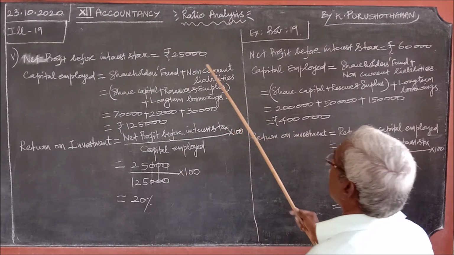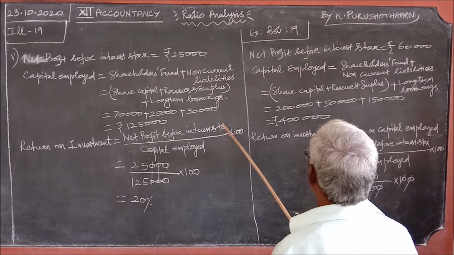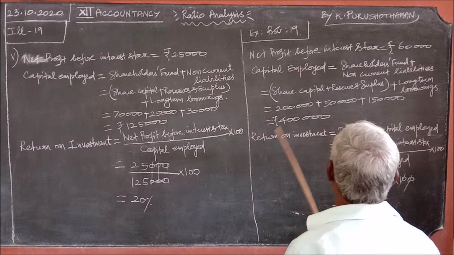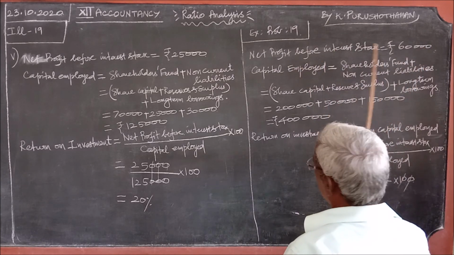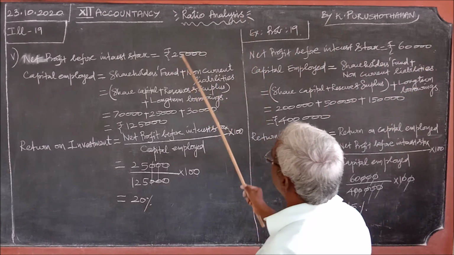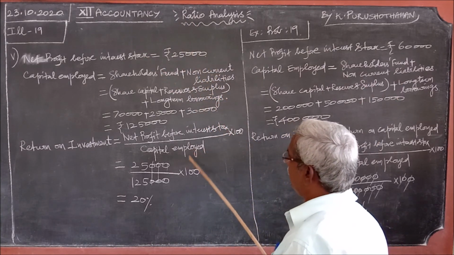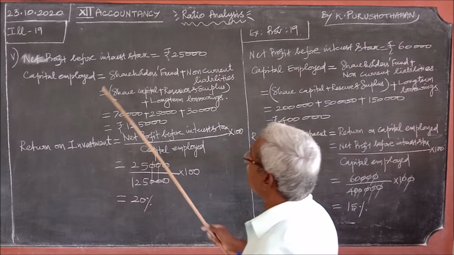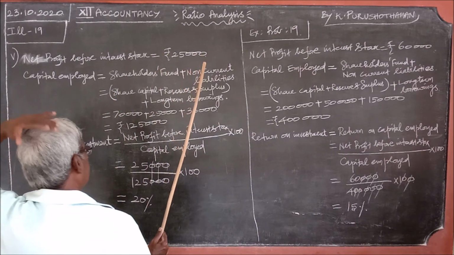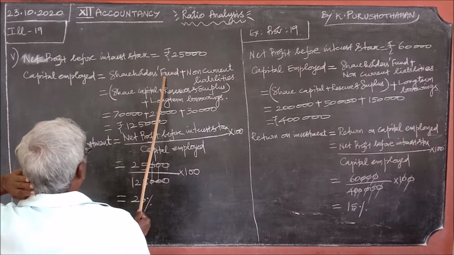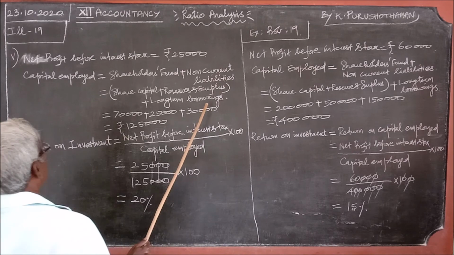In the illustration and the exercise problem, the numerator is given straight away: 60,000 in this problem, and 25,000 in the illustration. So our task is to find the value of the denominator. What is the capital employed? We have already seen in the other formula, that is shareholders fund plus non-current liabilities.